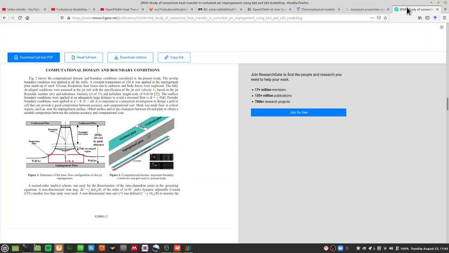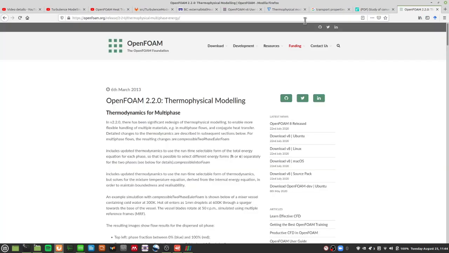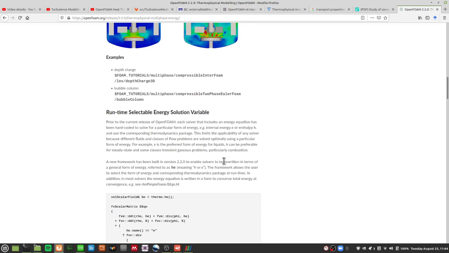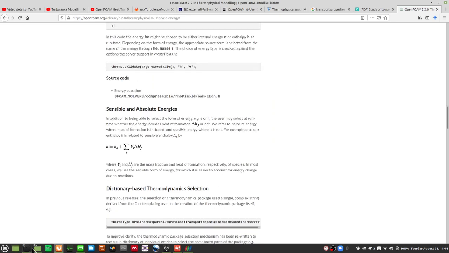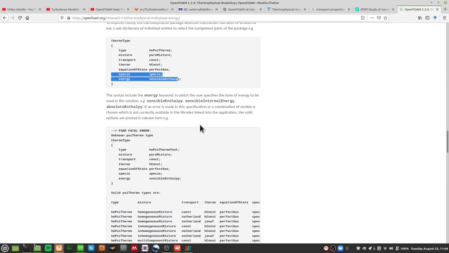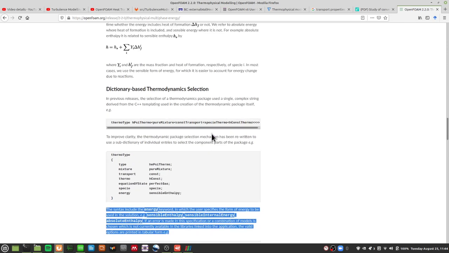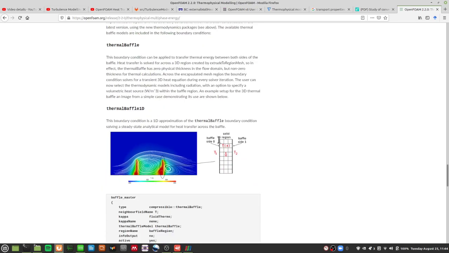Some things to note are that normally, and this is just an OpenFOAM technicality, using sensible internal energy is much better for liquids. So let me see where that is.